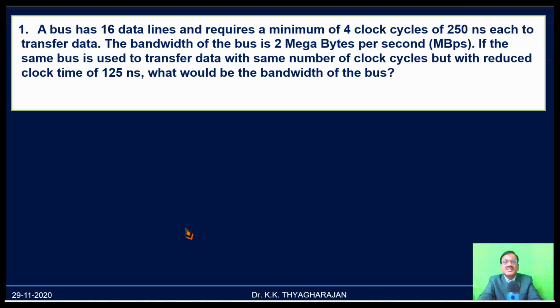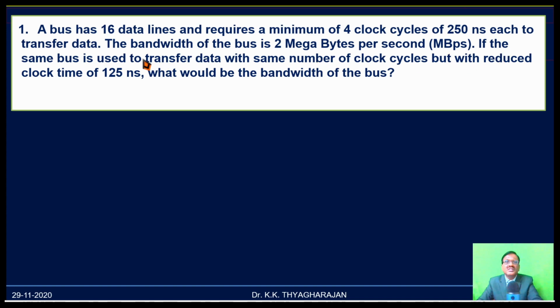A bus has 16 data lines and requires a minimum of 4 clock cycles of 250 nanoseconds each to transfer data. The bandwidth of the bus is 2 megabytes per second. See, when you are using bytes, you can use capital B. If you are using bits per second, then you can use small letter b.